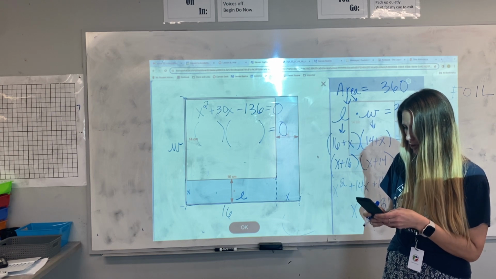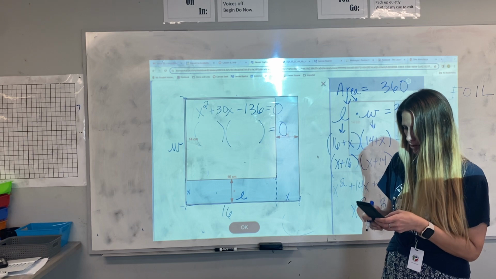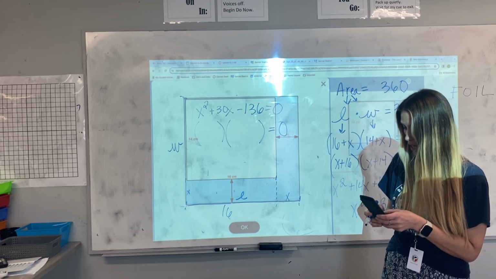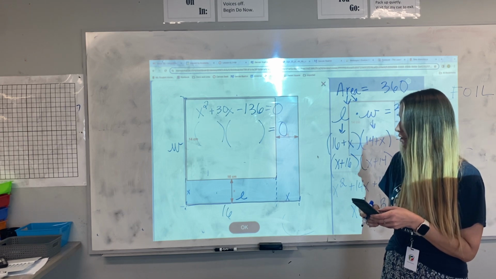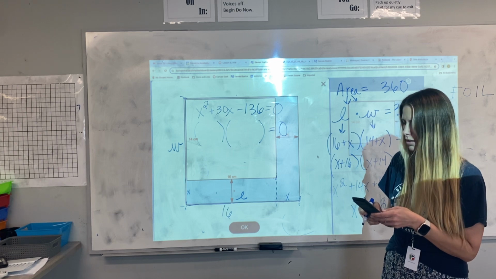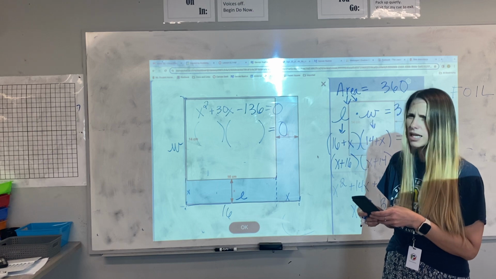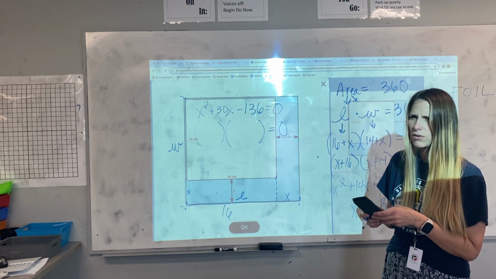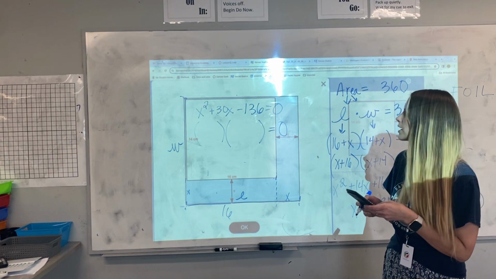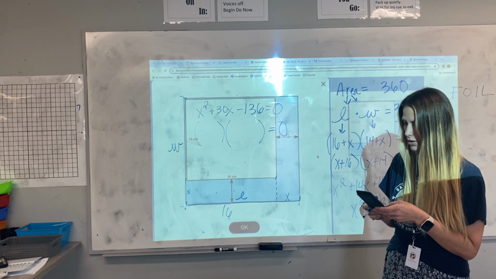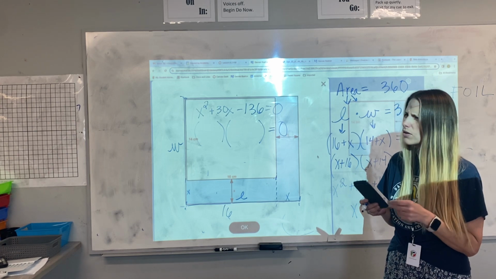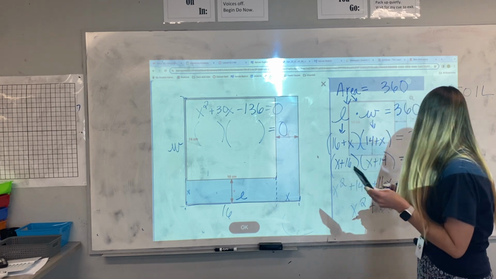Nope. 136 divided by 9. 136 divided by 8 is 17. That still doesn't work. 136 divided by 12? No, that's not going to work. Why is this not working?